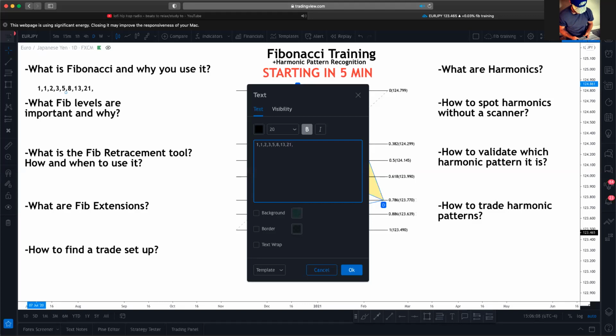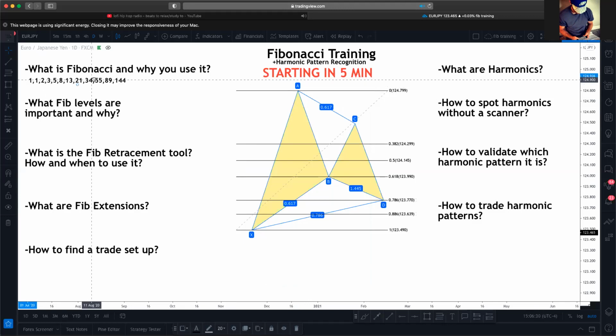When you add 13 plus 21, you get 34. You add 21 plus 34, you get 55, and it goes on and on. The bigger the number, the stronger the number, apparently. These are pretty much the beginning numbers of the Fibonacci sequence.